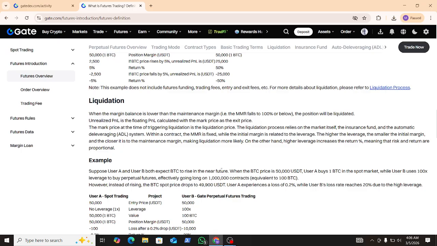However, instead of rising, BTC spot dropped to 49,900 USDT. User A experiences a loss of 0.2% while user B's loss rate reaches 20% due to high leverage.